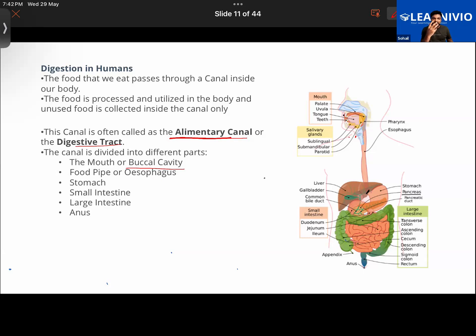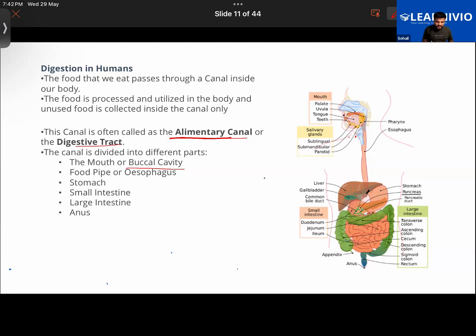You have a tooth cavity too; a cavity is basically a space that gets created, for example, in the tooth. So the mouth is also sometimes called the buccal cavity.